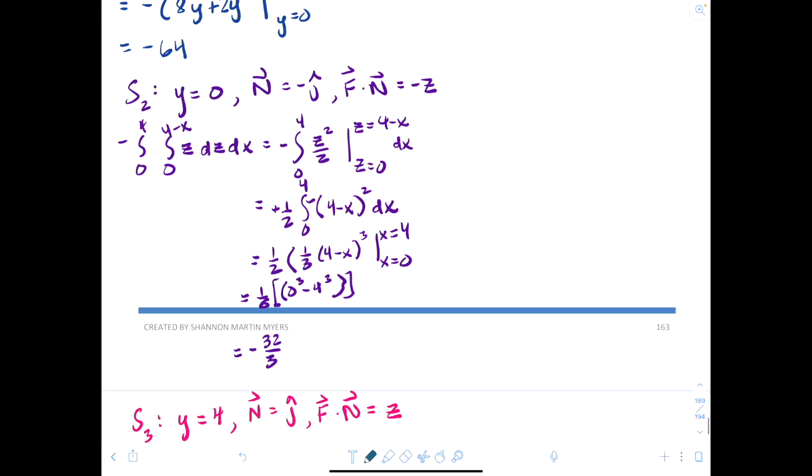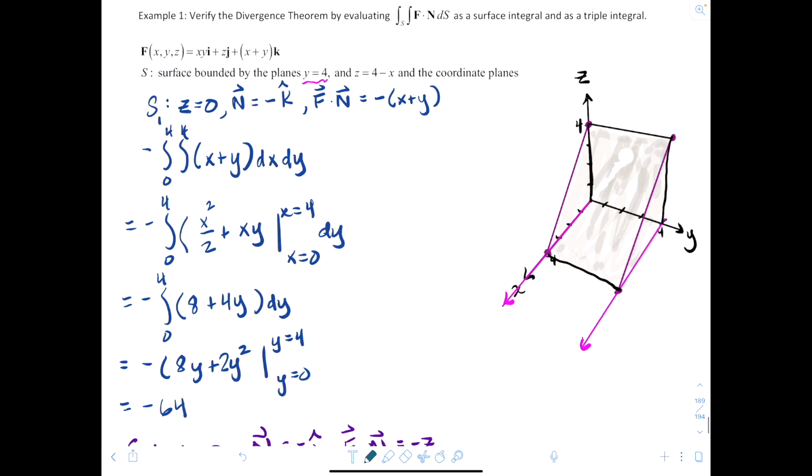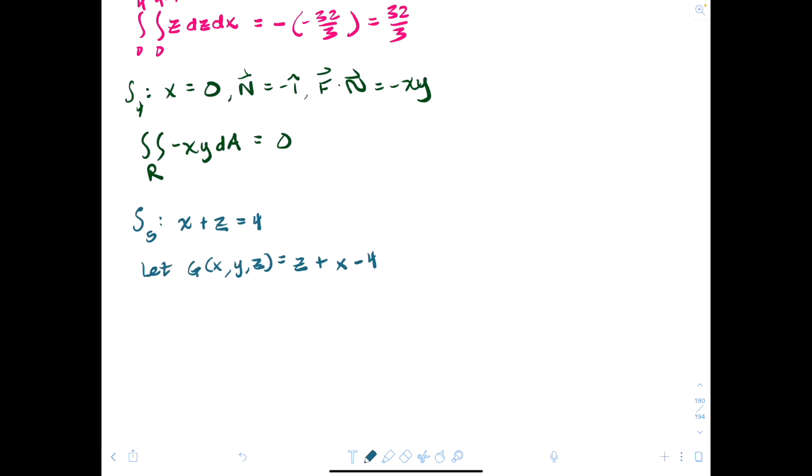All right, so now we will have a little more work. So if we let g of x, y, and z equal to z plus x minus 4, because remember z was equal to 4 minus x, and so I'm basically saying z minus 4 plus x is 0. And then I'm setting that g of x, y, and z equal to 0.